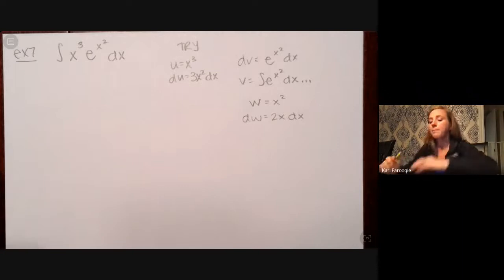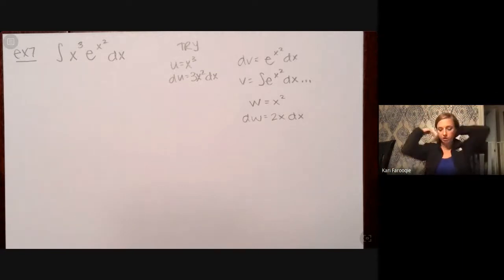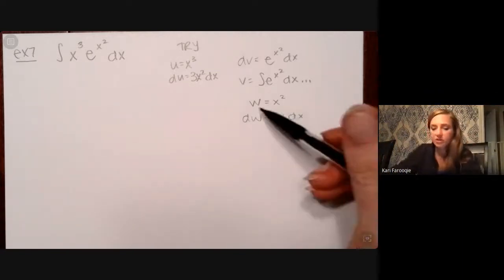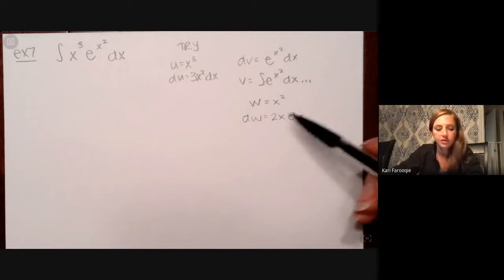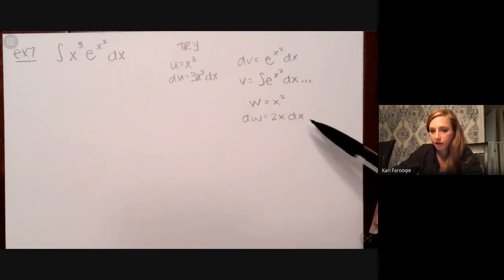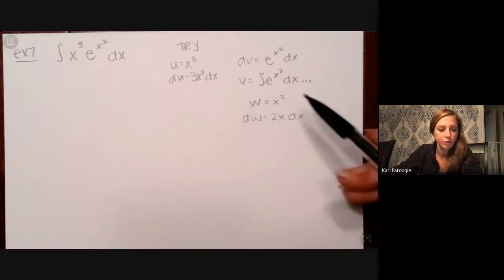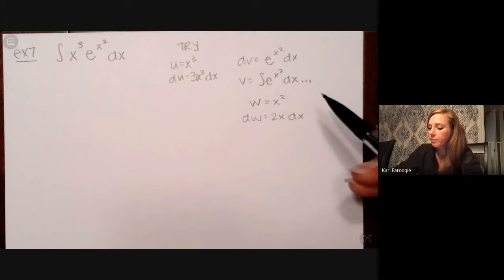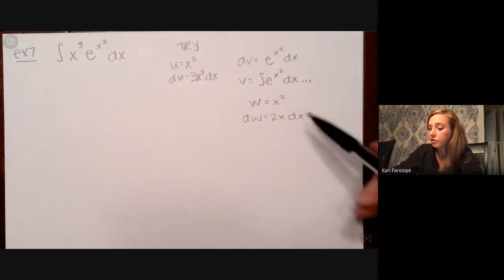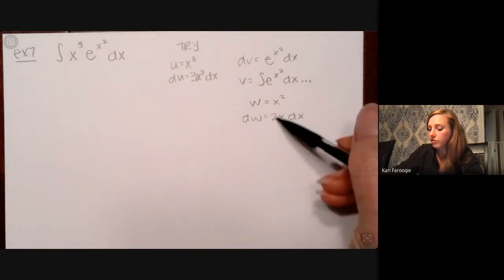So let's say we keep this substitution and we say w equals x squared, dw is 2x dx. Well, try to build something that is reflective of what you have. For instance, if I divide both sides of this by 2, I just kind of want to focus on this piece right here.